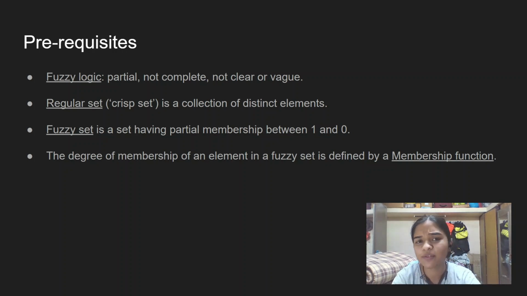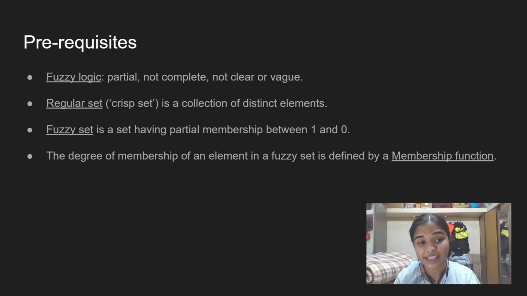Similarly, if I find someone is boring and they are not funny at all, and if I rate them 2 out of 10, then their degree of membership will be 0.2. That is, they can be in the set, but the degree of their humor is only 0.2. That's what I'm trying to say.